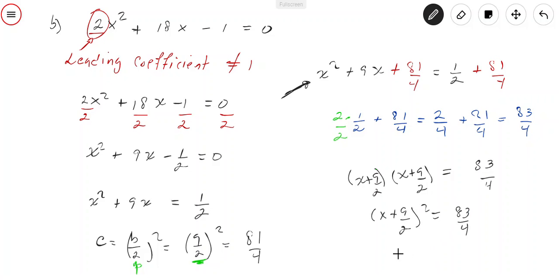We take the square root now. So x plus 9 over 2 equals plus or minus the square root of 83 over 4.